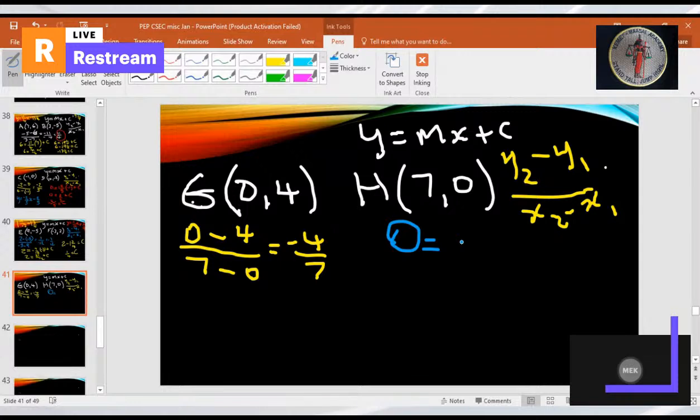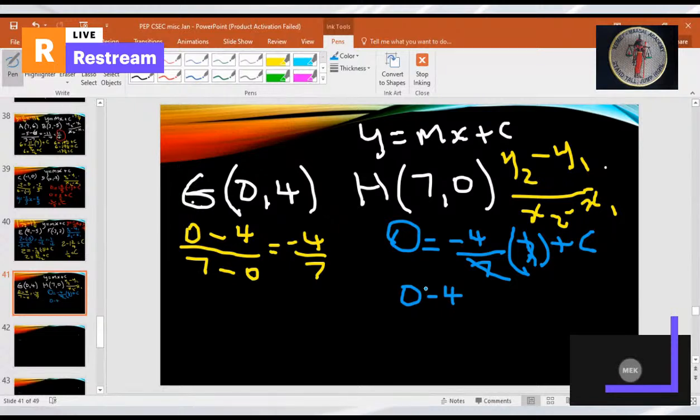So these two 7s cancel out, and that's what I was talking about. The 7 cancels because we're multiplying here. So we have 0 minus 4.